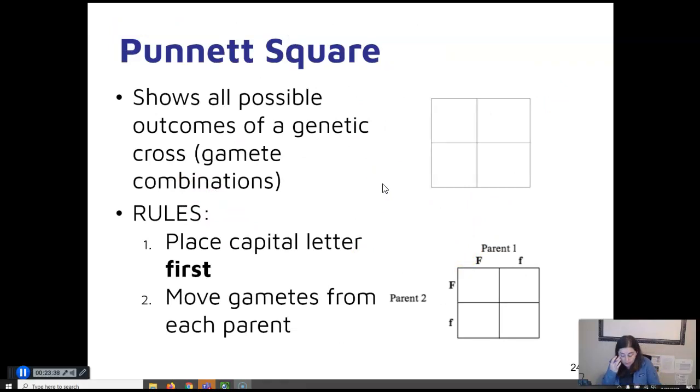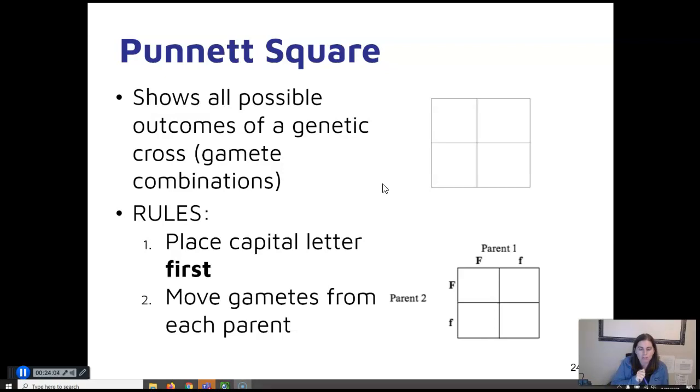Alright, Punnett squares now. Hopefully you guys have done some of this. Punnett squares are cool because they show all possible outcomes of a genetic cross. And those are your gamete combinations. Remember, or you don't know. So there's some rules to this. The first thing is that you're always going to place the capital letter first on your Punnett square.